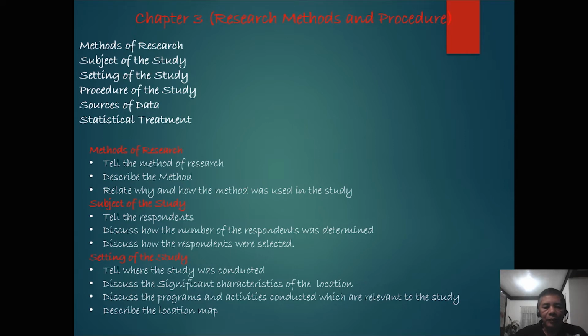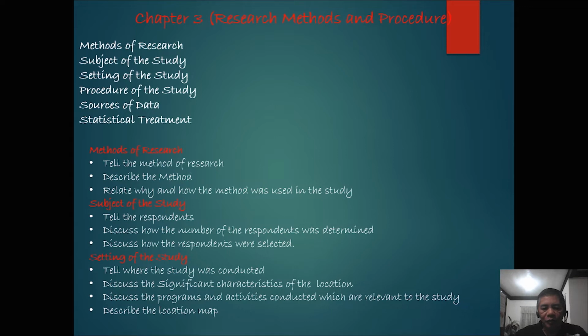Another subsection is the setting of the study. In this particular part, you need to tell where the study was conducted and discuss the significant characteristics of the location. If it is the division of results, you need to discuss it, characterize it.